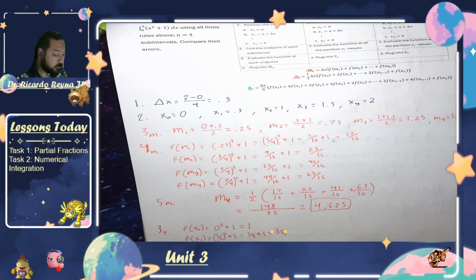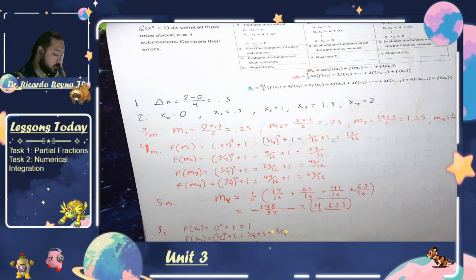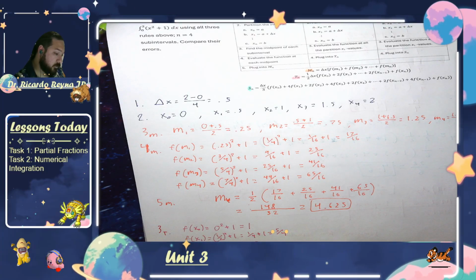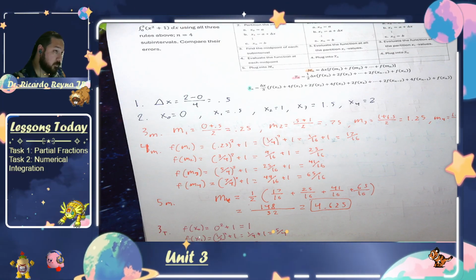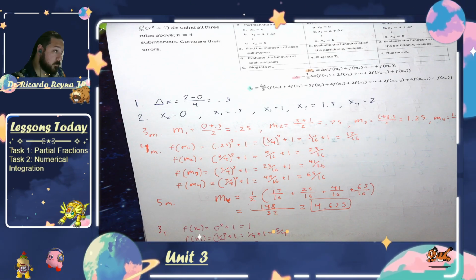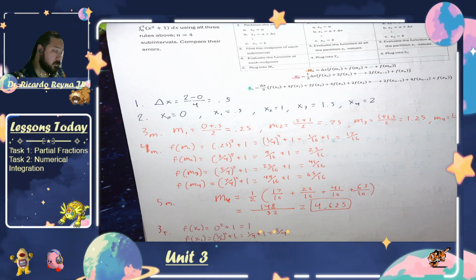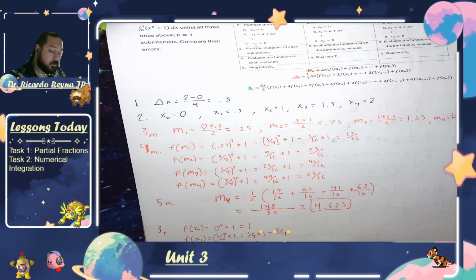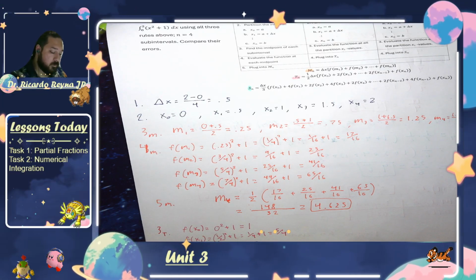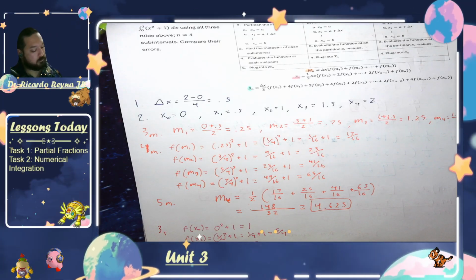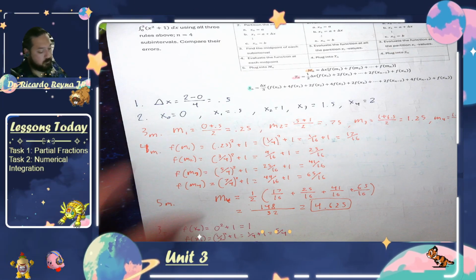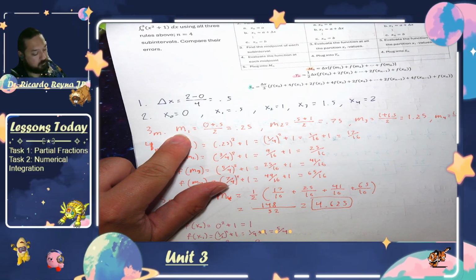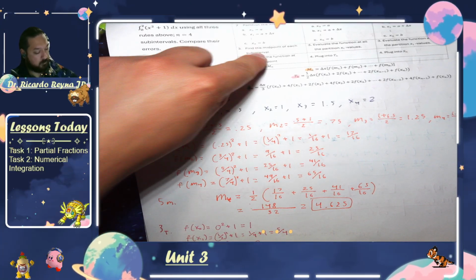All right, now let's do the midpoint rule. Since I accidentally started the color coding, I might as well just color code the pens as well. So we have the midpoint rule. It says find the midpoint of each subinterval.